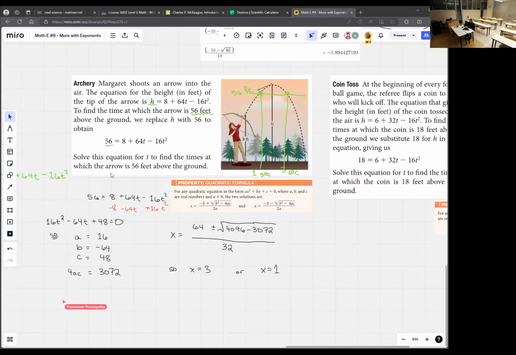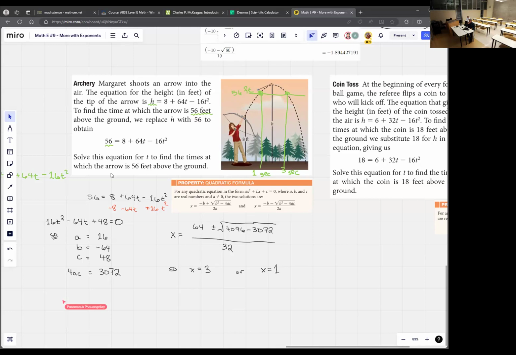Okay, questions about the archery one? Okay, I'll ask you a question. Do I have to use quadratic equation here? I got some nice whole number answers.